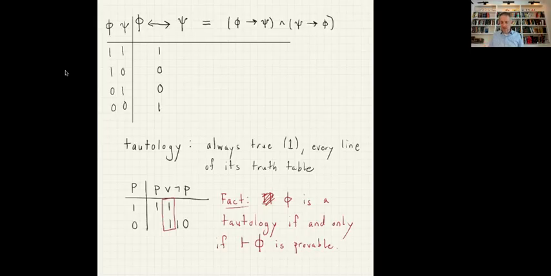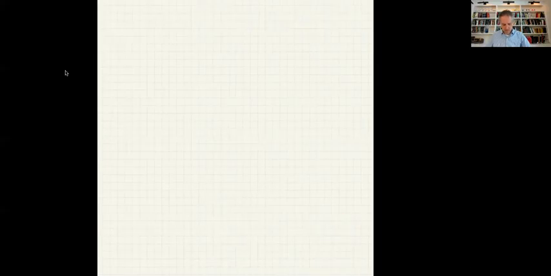That's a tautology. A contingency is not quite the opposite of a tautology. A contingency is something that is sometimes true and sometimes false. So I'll write that down on the next page. A sentence is a contingency.